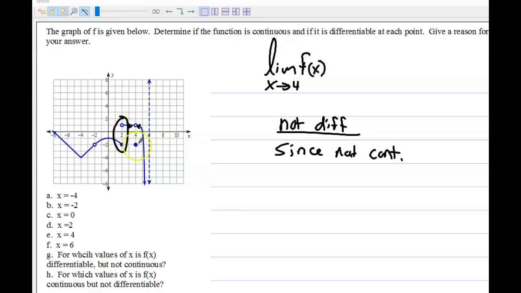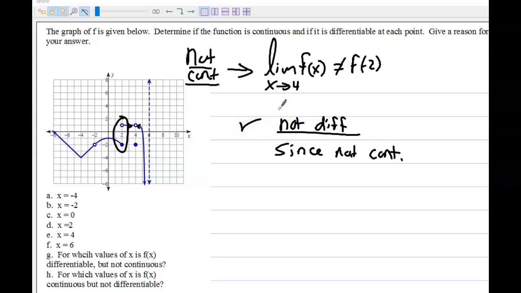But the problem is that the function's value at that point is -2. They're not the same thing. So the limit is not equal to the function's value. So we're going to say not continuous because of this. And we're going to say it's not differentiable since it's not continuous. Same answer.